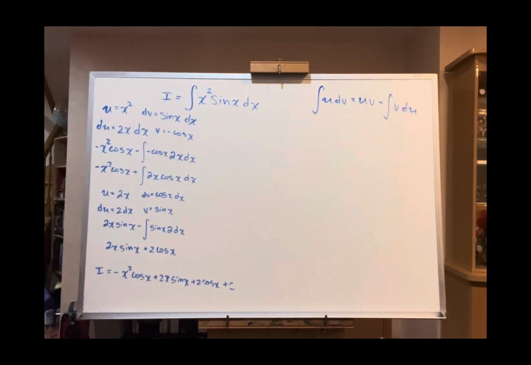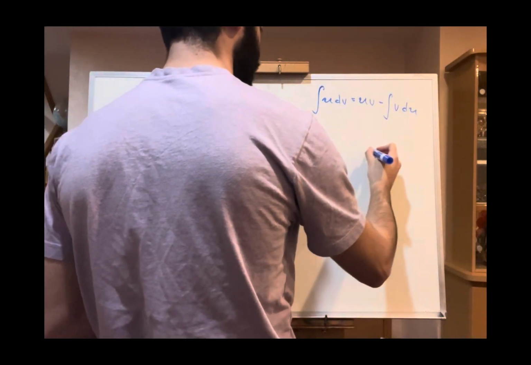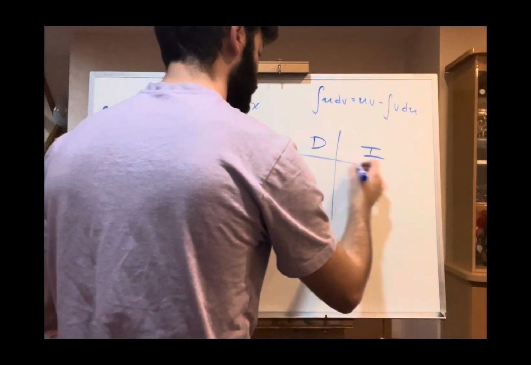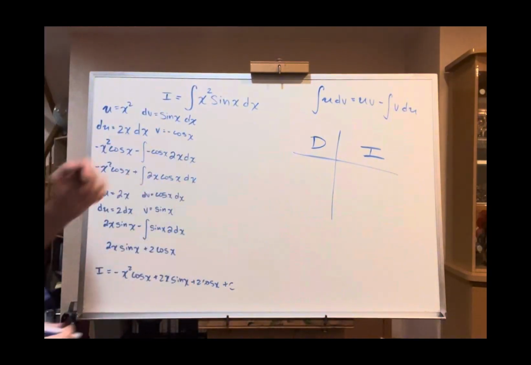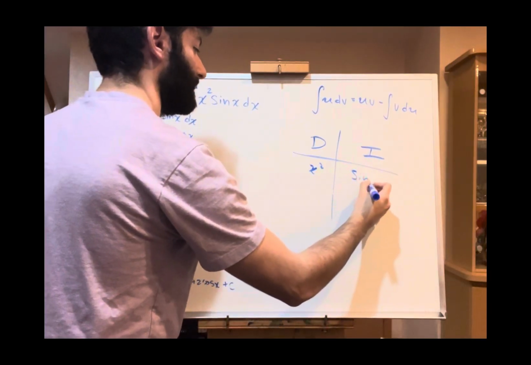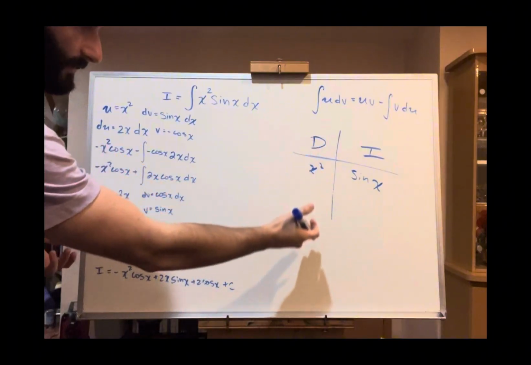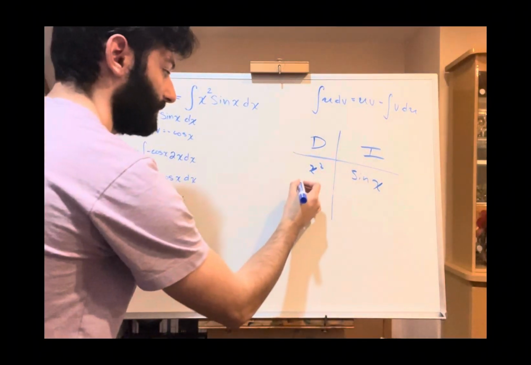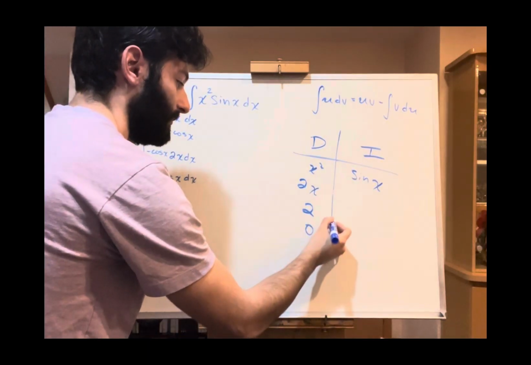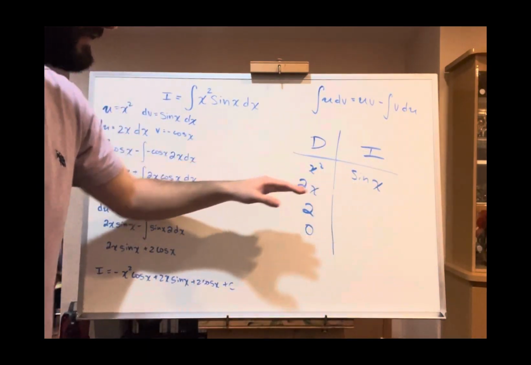Well, if we know the pattern and we use the DI method, well, we're differentiating x squared, and we're integrating sine of x. And if we go ahead and look, we differentiate until 0, right? 2x, 2, 0.